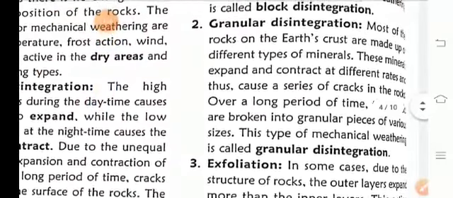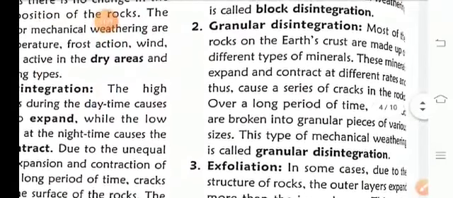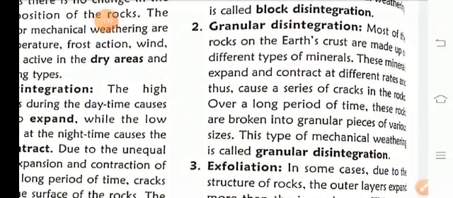All these minerals expand and contract at different rates, and that causes the breakage in the rocks.